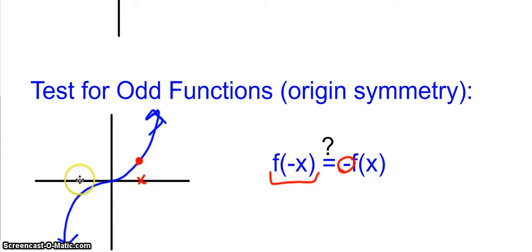So now if I go x in the negative direction, do I get back this same y value, but in the negative direction? And the answer is yes. So going over to the right and then up, do I get the same thing as when I go over to the left, going down? That's how you're going to test for origin symmetry.